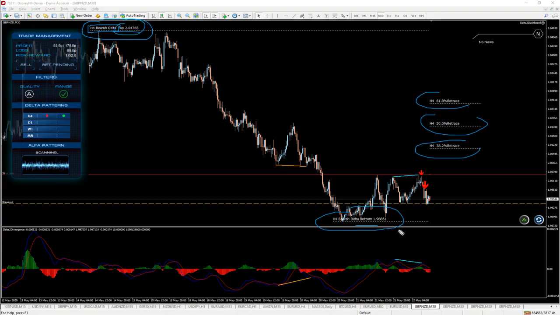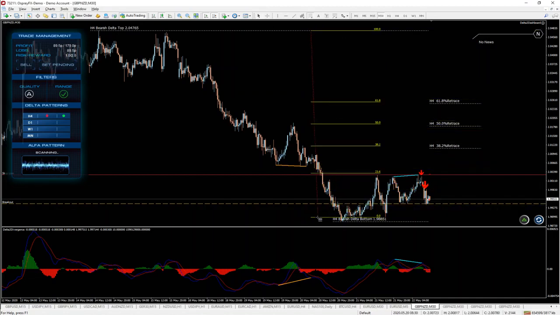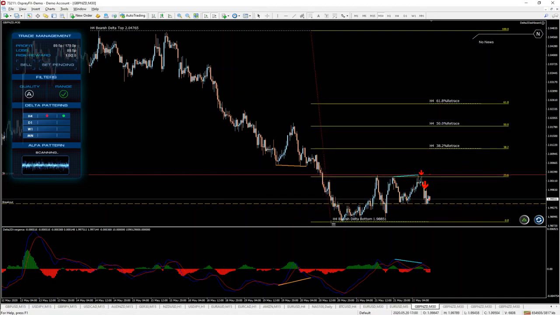This is the top of the pattern and this is the bottom of the pattern along with the prices. And when you place the Fibos right here, you will see that these are actually the levels built in right here, right? So this is what we have as well.